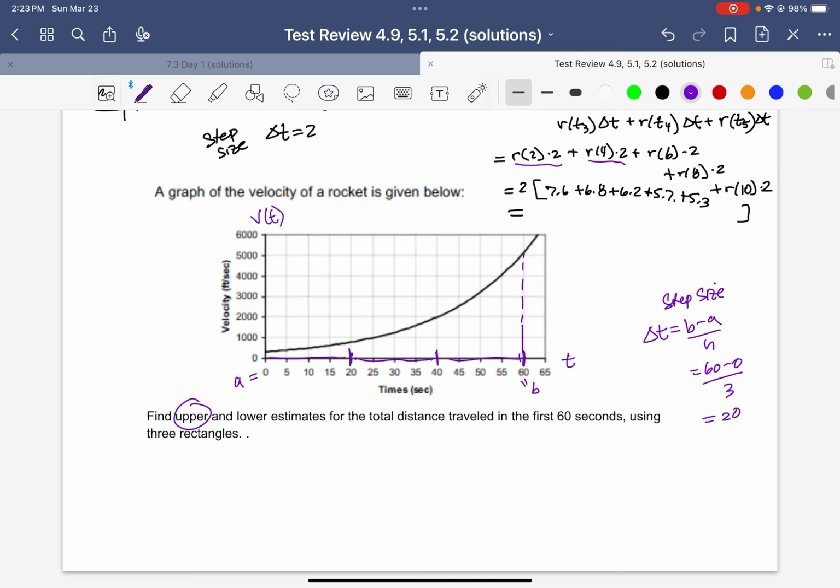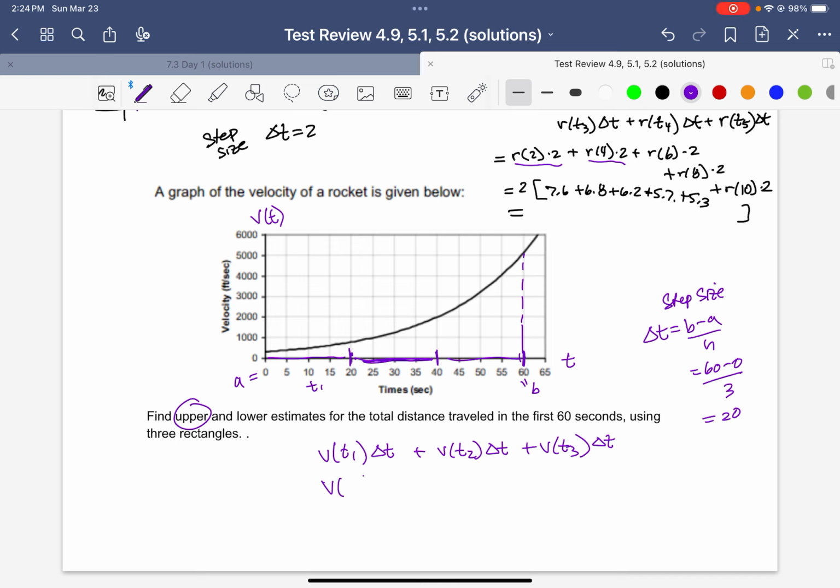For my upper approximation, I'm going to have a velocity at some point t1 inside the first interval times my delta t. There's my first rectangle. Plus velocity evaluated at t sub 2, some point in my second interval, times the width of the rectangle. Plus v of t sub 3 times my delta t.